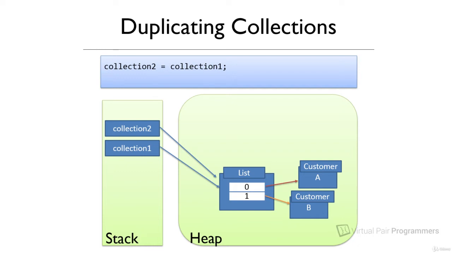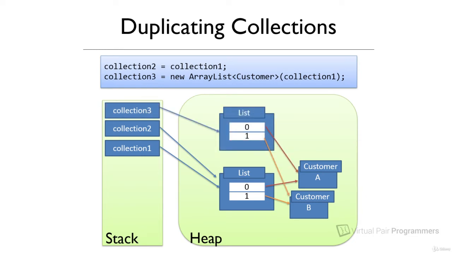However, if we create a new collection by instantiating a new object, a new list type, and then passing in the existing object into the constructor, then what happens is that a new object is created on the heap containing the same data as the original collection.